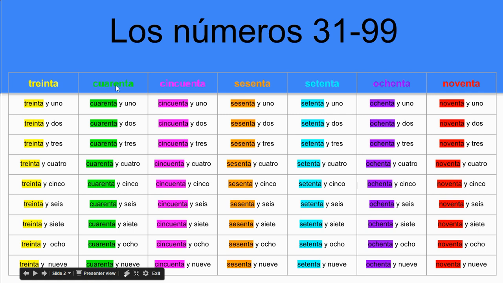You know your 30s, 40s, 50s, 60s, 70s, 80s, and 90s. You're going to add the word and then 1, 2, 3 all the way through 9. So 75, 32, 54, 98.